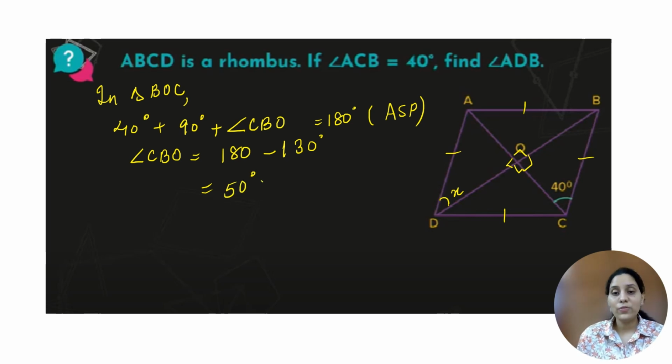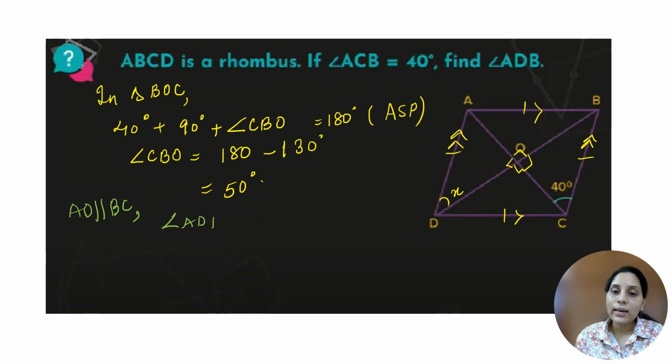Now this is 50. We also know that a rhombus is a parallelogram with opposite sides parallel to each other. Here we see AD is parallel to BC and BD is a transversal, so I can write that angle ADB is equal to angle CBO.